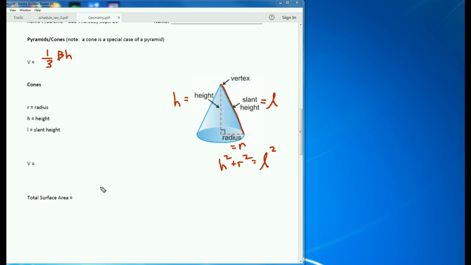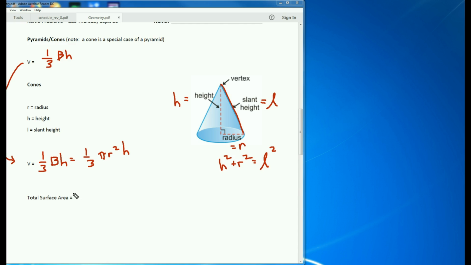Particularly for a cone, again, the generic formula for volume is 1/3 base height. But because the base here is circular, we know that the base is pi r squared. So we can write this as 1/3 pi r squared times height.